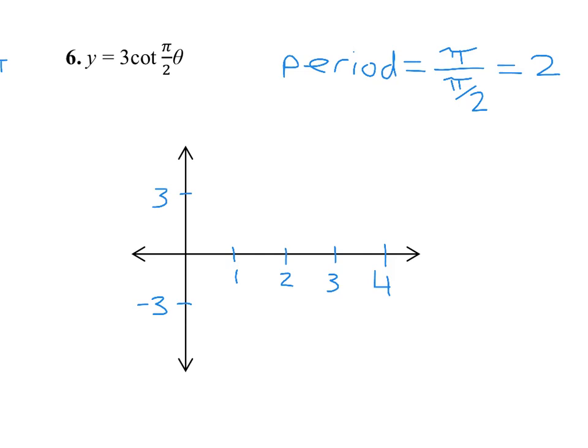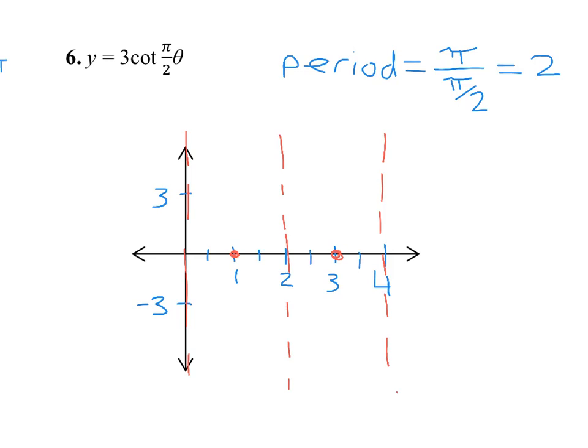Okay, what did I teach you guys? Tangent, if you graph 2 periods, first and third will be asymptotes. For cotangent, it's the other way around. So first and third will be zeros. 0, 2, and 4 will be asymptotes. Alright, and now I'm going to cut it again. So why am I doing this?